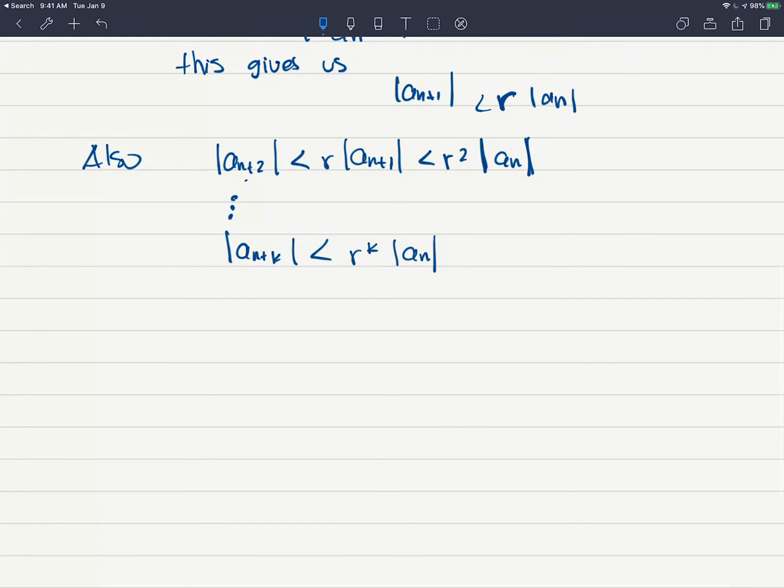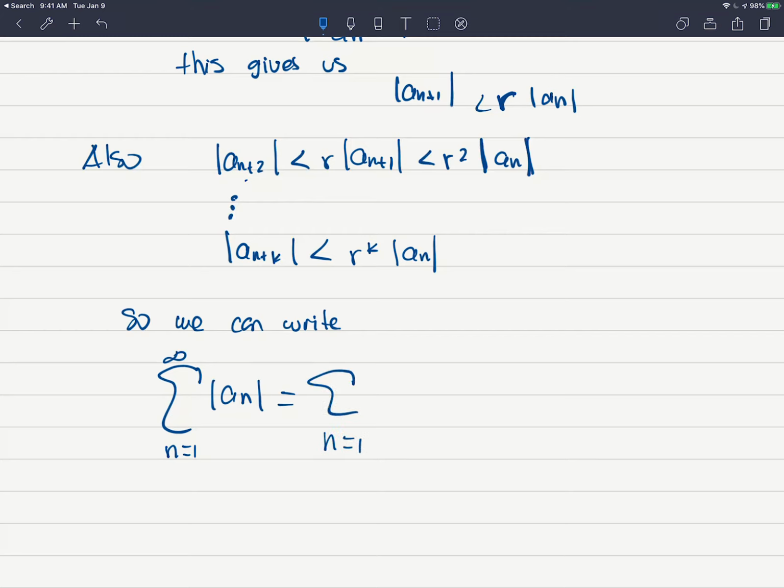And now look at this. Look at this carefully. If I write the series that I'm looking for, of the absolute values of the a_n, from 1 to infinity, I'll break it up between 1 and big N. Who is that N?